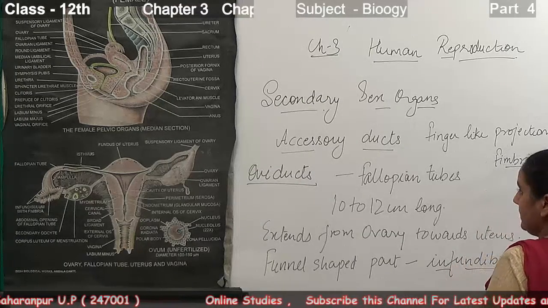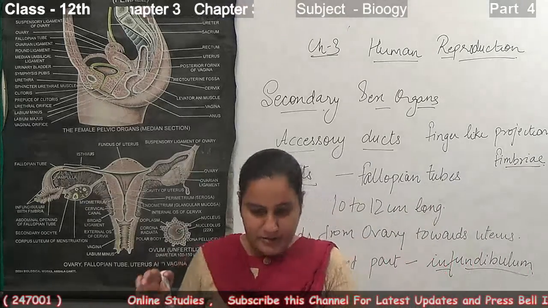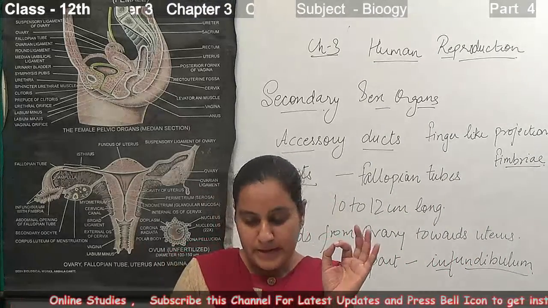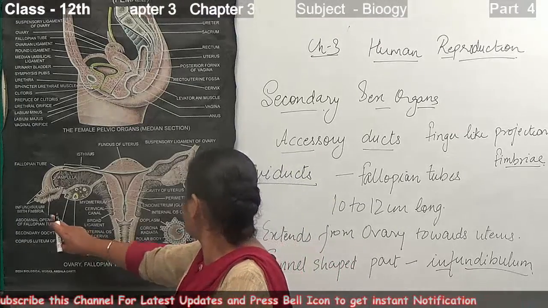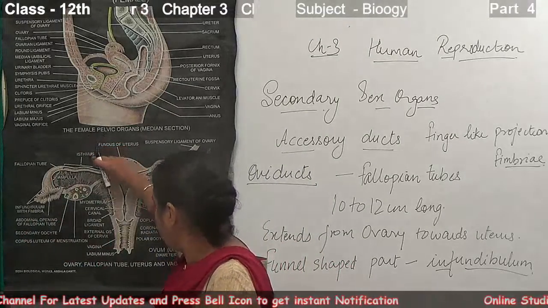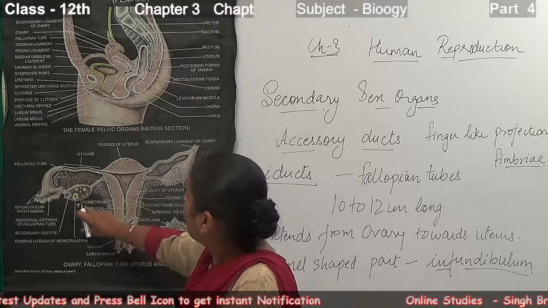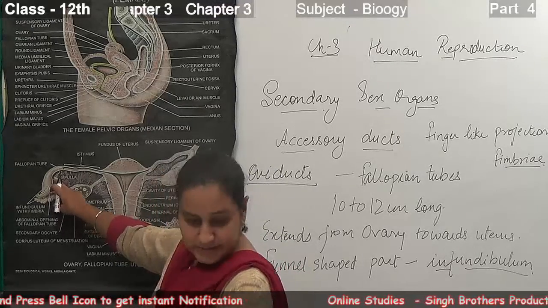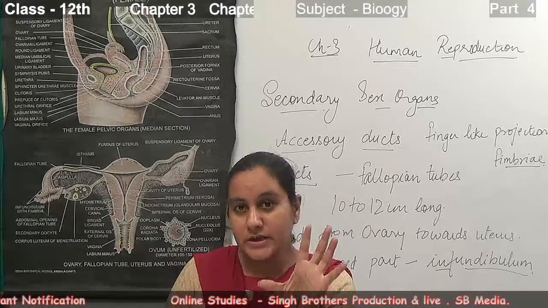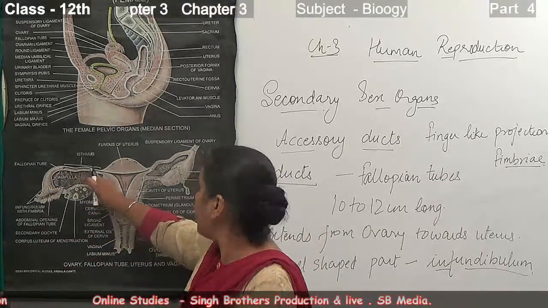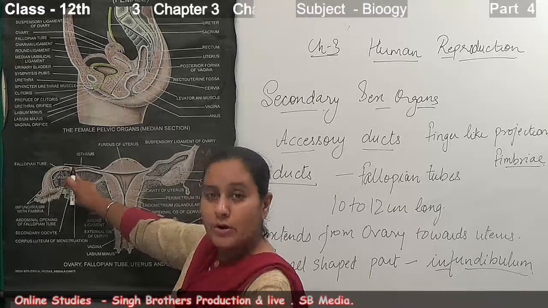Infundibulum and fimbriae are the parts. Then the infundibulum leads to the ampulla. Here it is not mentioned in the figure, I think. So it moves towards the ampulla and then they reach the narrow lumen opening, then the isthmus. This is the last part of the fallopian tube or oviduct.